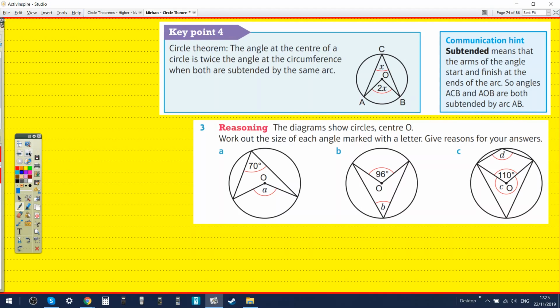Let's see. Okay, let's try C, last one. So 180 minus 110 gives us angle C, and that is 70. That would be if they're on a straight line. Is this not a straight line? No, it's a circle. Okay.